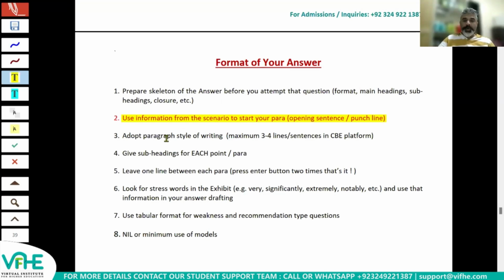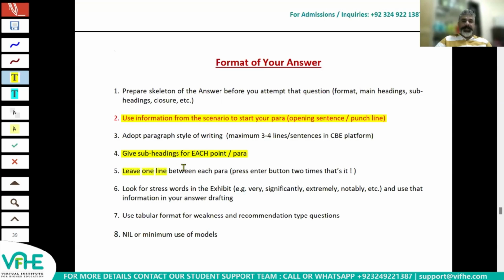Then all the high scorers give subheadings for each point. For example, if you're talking about low staff morale, you can give the heading low staff morale, and then write in 3 lines. If you're talking about high customer complaints, you can give the subheading high customer complaints, and then you explain that point.